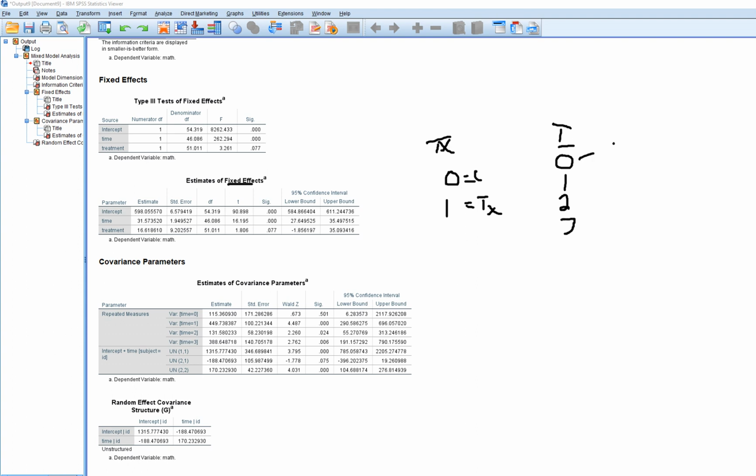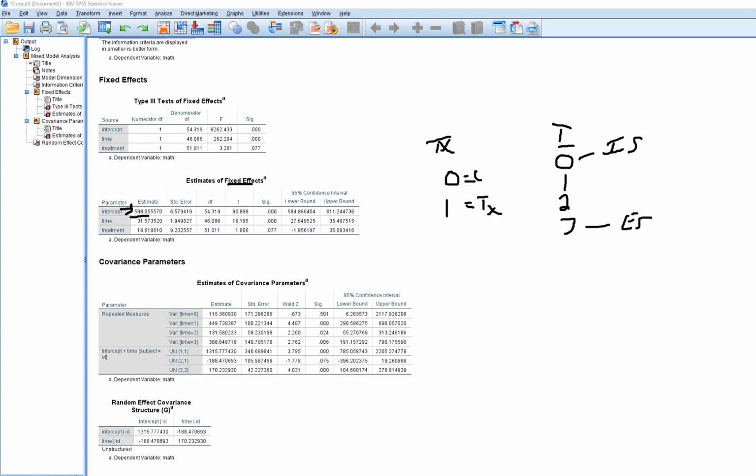So the 0 reflects the initial status on the math variable, and the 3 represents the end status on that variable. The intercept is the predicted value on y when your predictors are all equal to 0. This translates into an estimate of the mean for students at the initial measurement who are also in the control condition.